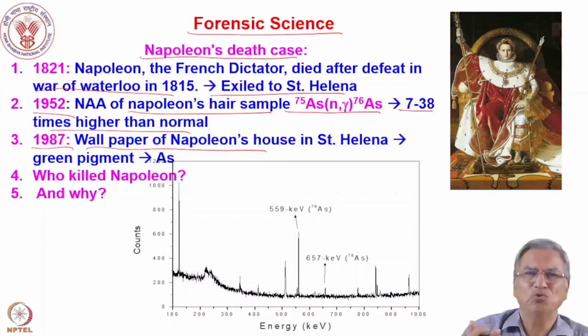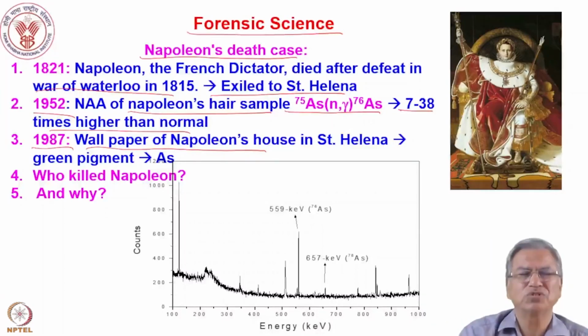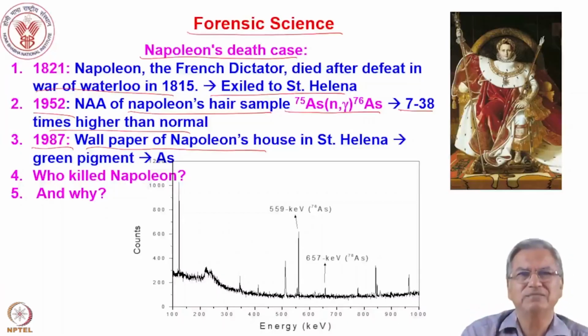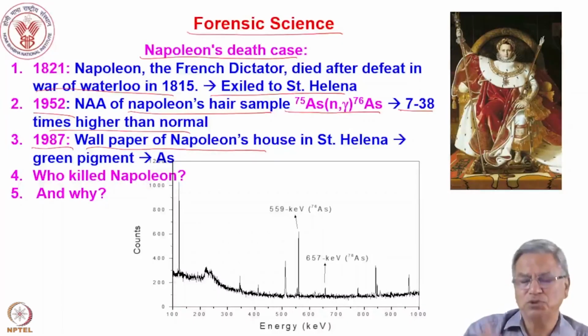Arsenic is known to form volatile compounds. The green pigment contains arsenic, and it is possible that under atmospheric environmental conditions, arsenic might become airborne. Arsenic is known to form complexes with organic molecules, and then it could be inhaled by Napoleon and might have killed him.